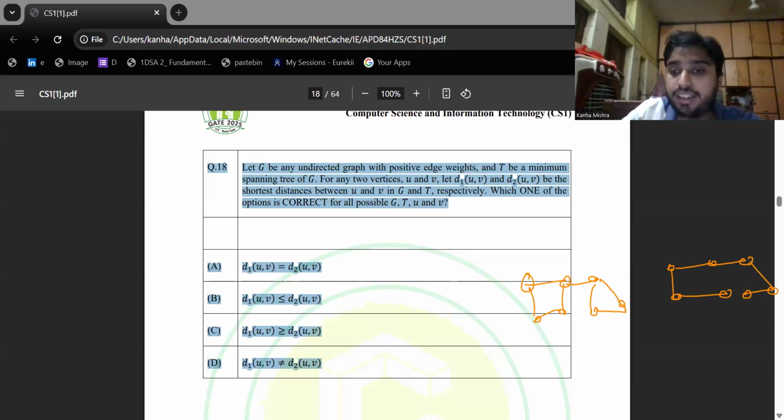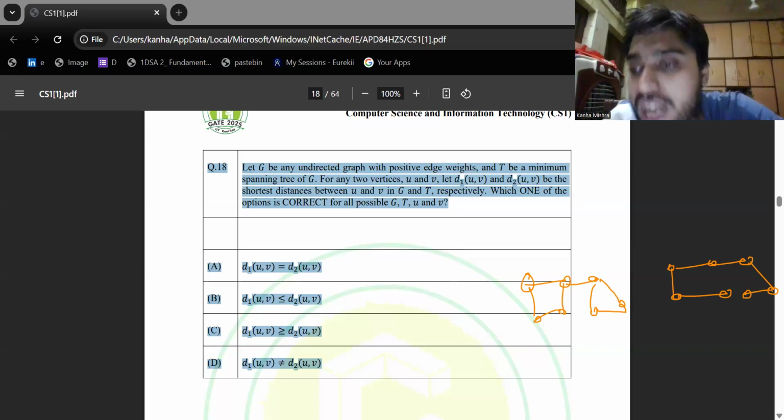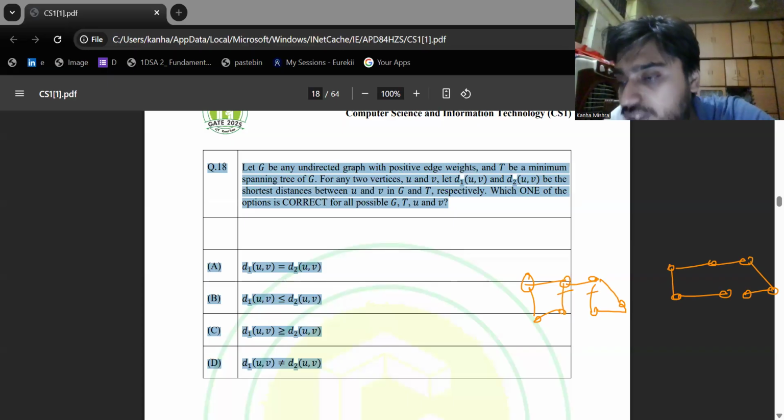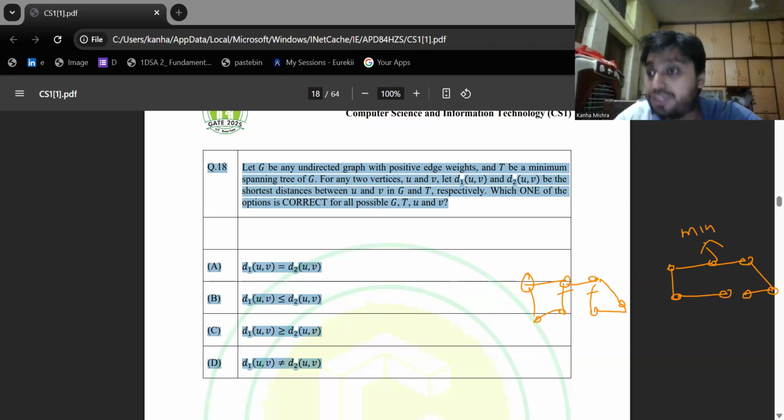No cycles at all. It is a subset of the graph where the cycles have been removed. I assume this particular structure has the minimum total edge weight, and that is what we consider an MST.